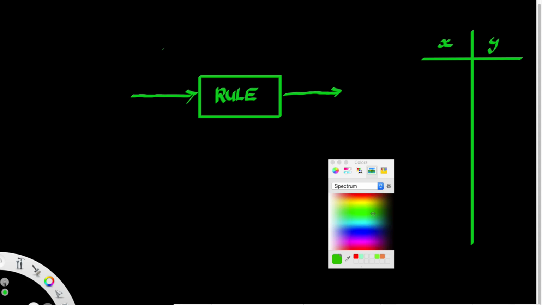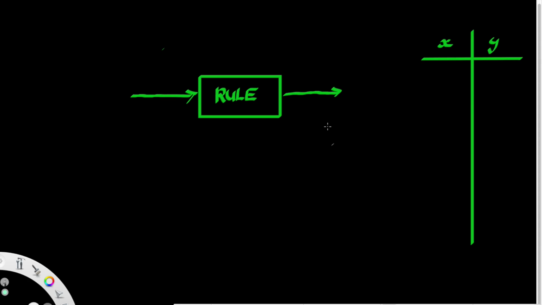A rule is basically a set of instructions to do something to a number and change it into another number. Normally we call the number we're going to change x, and we take that number, put it into our rule, and out will come another number.